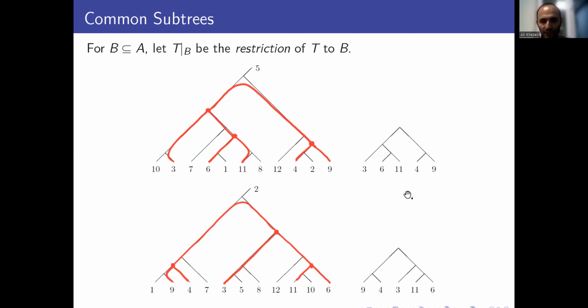If we think a little and compare these two trees on the right, we see that they are isomorphic, which means that if we permute the leaves, we obtain the bottom tree from the upper tree. Since these two trees are isomorphic, we say that we have found a common subtree of the two big trees.